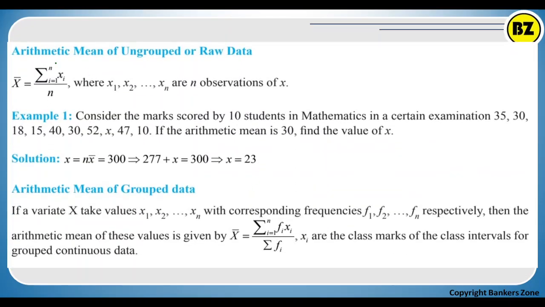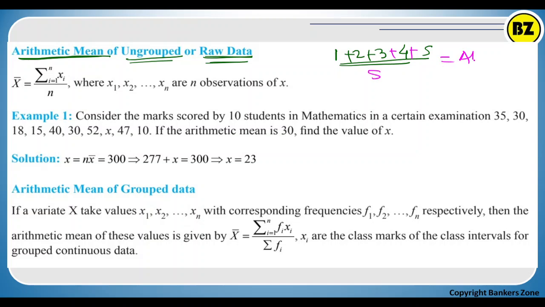See here, arithmetic mean of ungrouped or raw data. What is meant by arithmetic mean of raw data? Very simple. 1, 2, 3, 4, 5, this is the raw data. How to find the mean? Simply add them and divide by the number of items, 5, so you will get the answer.